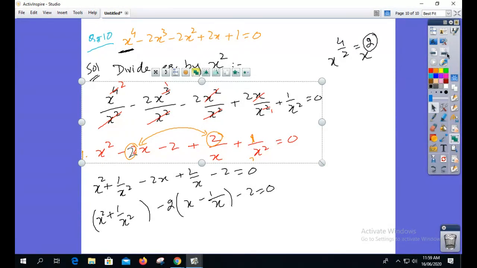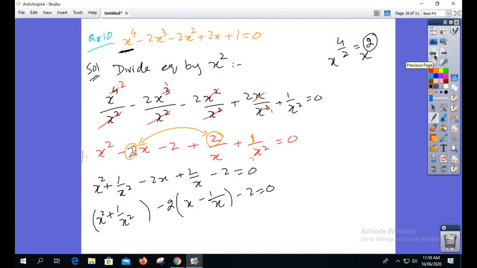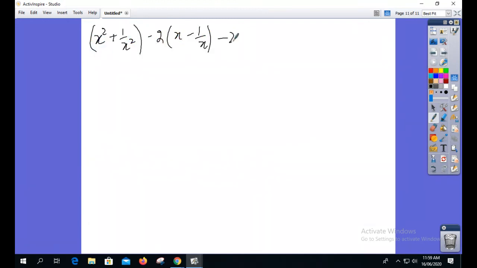Okay, we move on to the next page. x square plus 1 by x square minus 2 by x and minus 2 equals to 0. We suppose, or let, or replace x minus 1 by x by y.